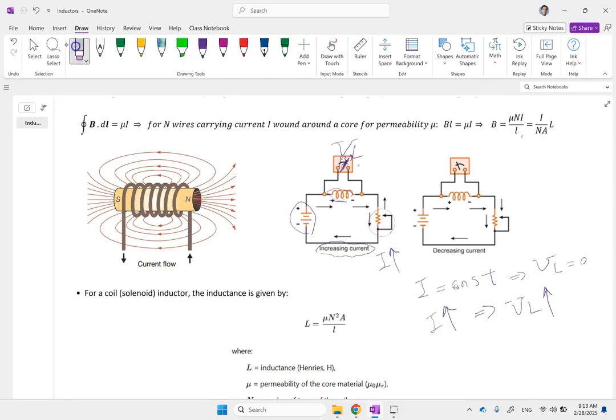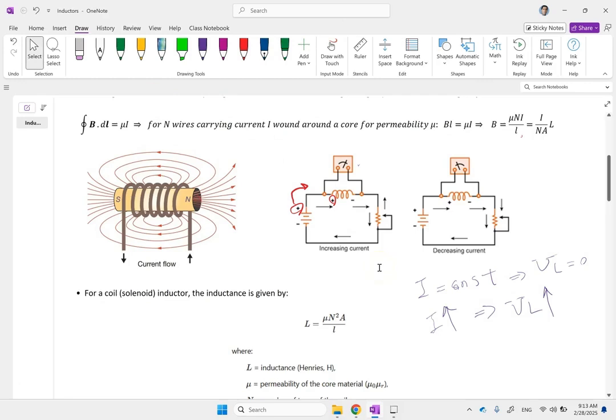Because right now you can see that the direction of this voltage is in the opposite direction of your circuit. Your circuit wants to send the current in this way, that's positive, negative, but if you look at your inductor, you see the positive of that is in the opposite direction of this, okay?